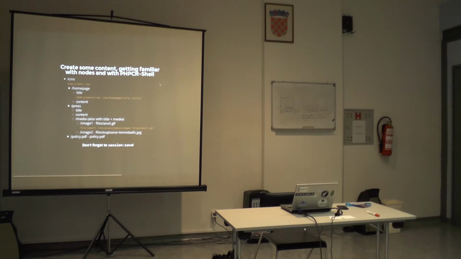If you have created your content, you can try browsing through your structure, just using ls or cd to navigate through it. You can also see that Jackrabbit, in this case, creates extra properties for you, like the created property.